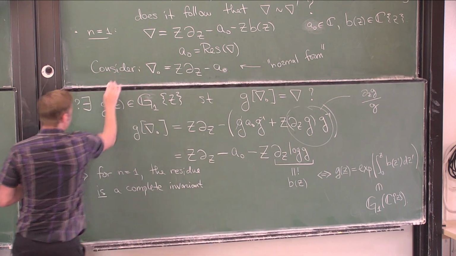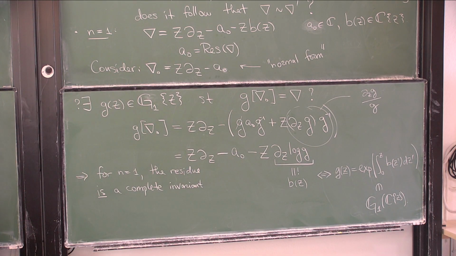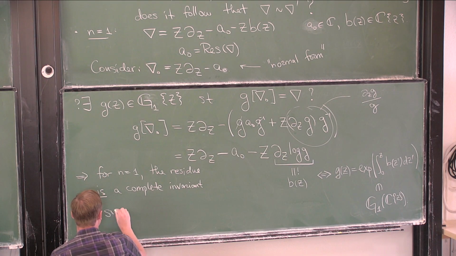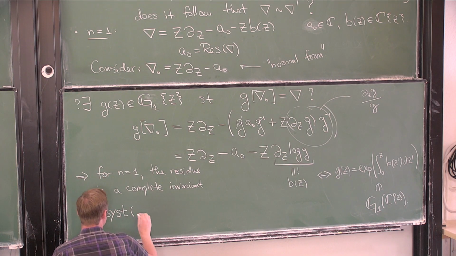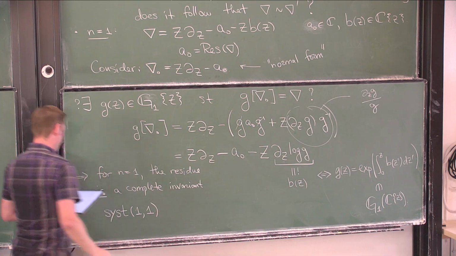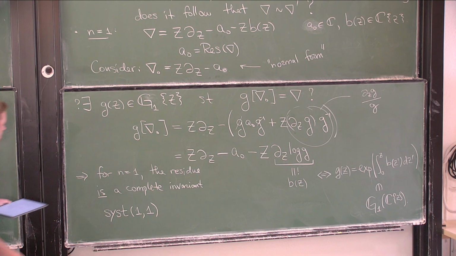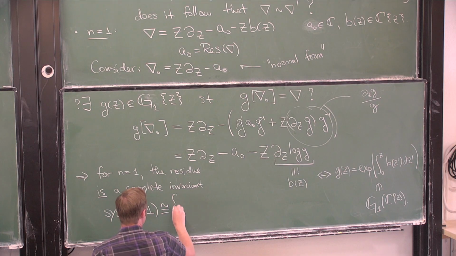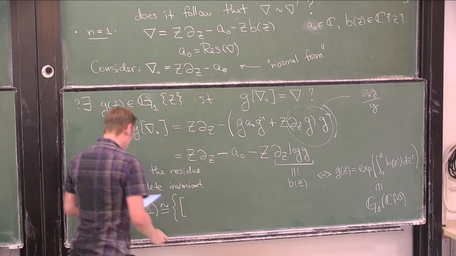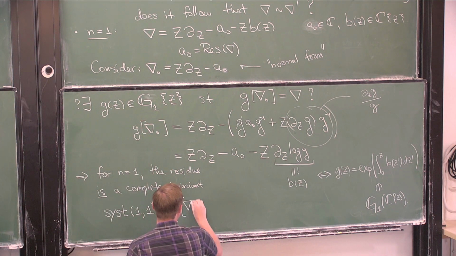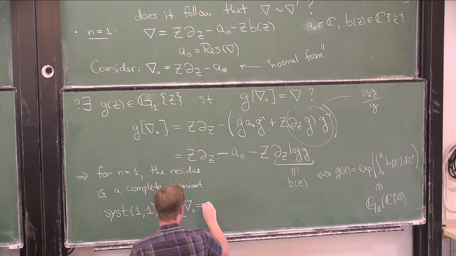Diagrammatically, I can write this by saying that this moduli space of systems, with m equals 1, n equals 1, is isomorphic to the space of gauge equivalence classes, each one with a special representative given by the normal form.